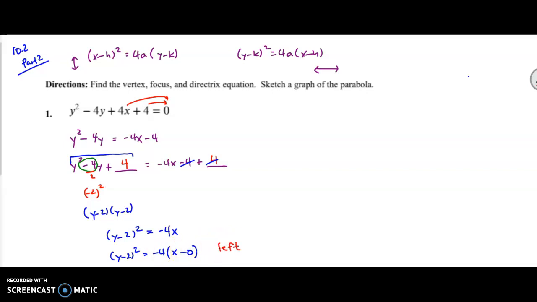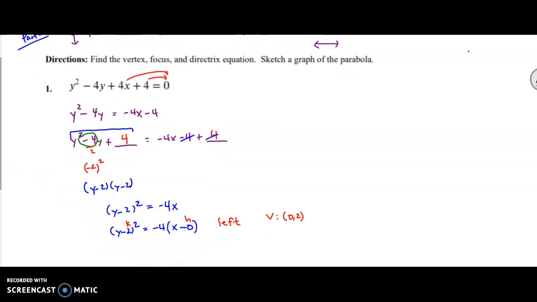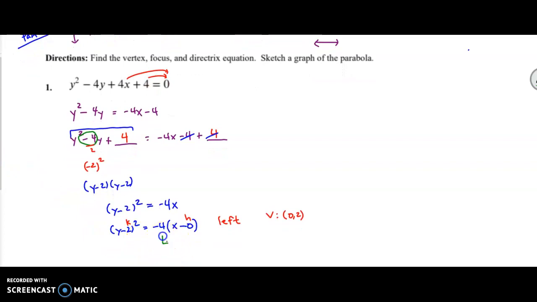The vertex is at h comma k, so your vertex is at 0 comma 2. The a value: we've got negative 4, and remember this is actually made up of 4a.